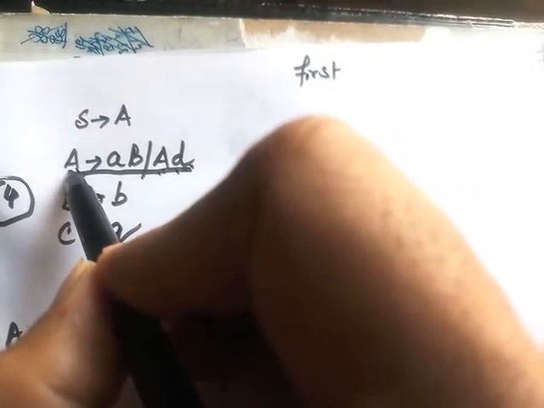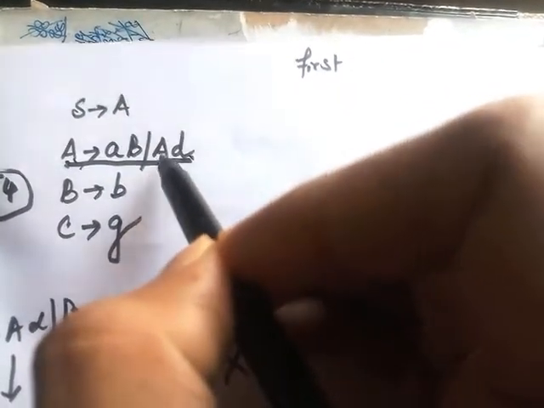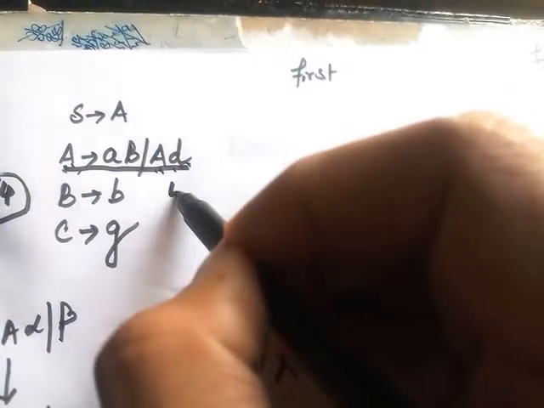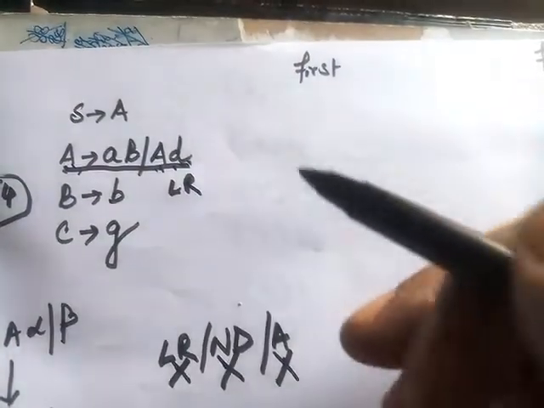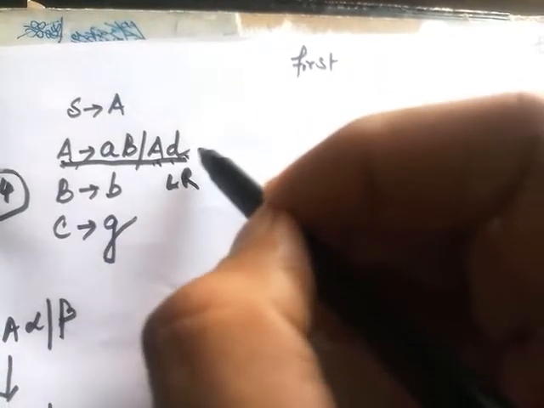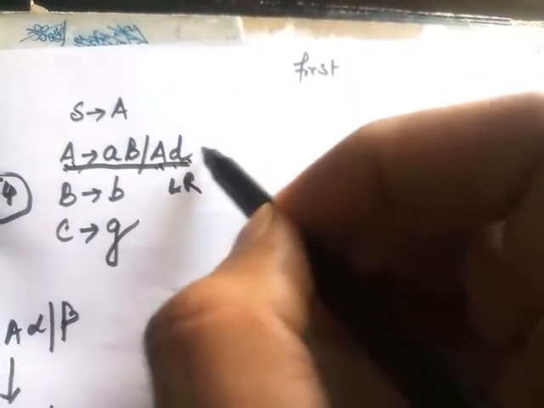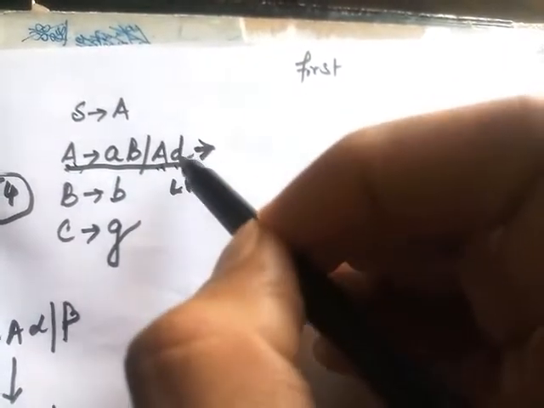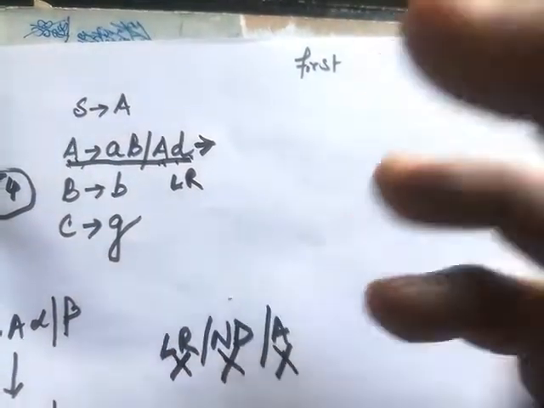The left hand side is A and the leftmost symbol is also A. So this grammar is left recursive, and we cannot find out first and follow of a left recursive grammar. So I have to convert this grammar into a right recursive grammar.